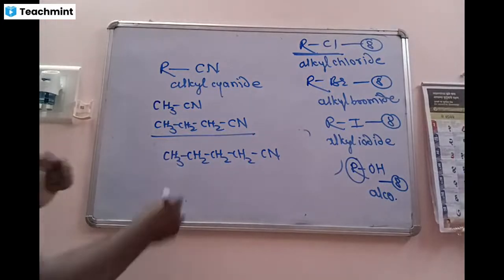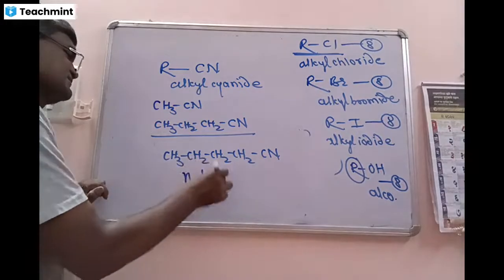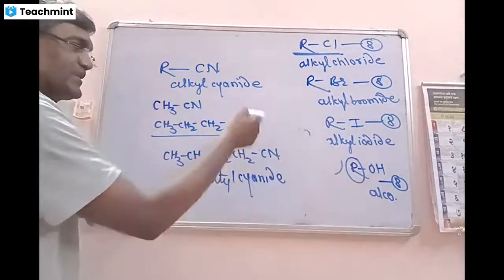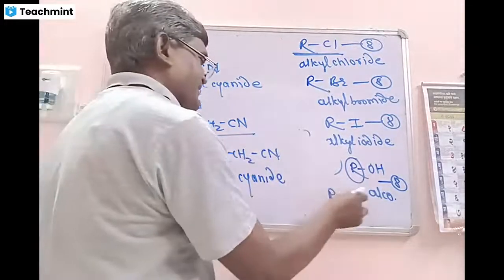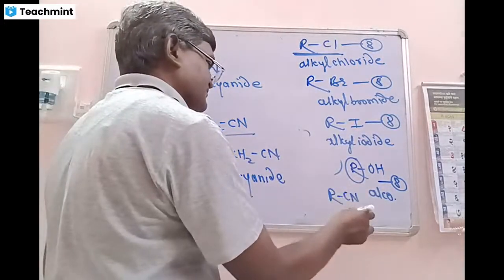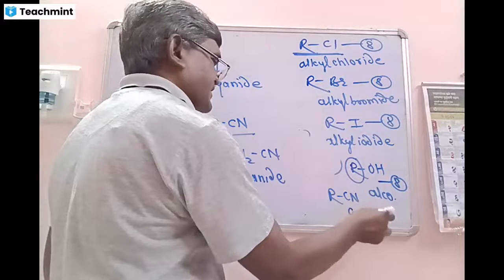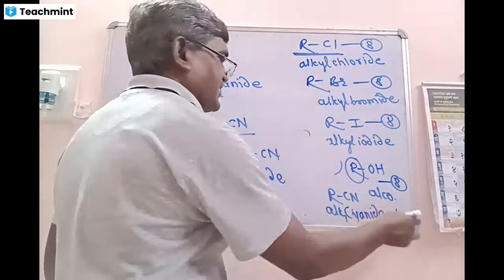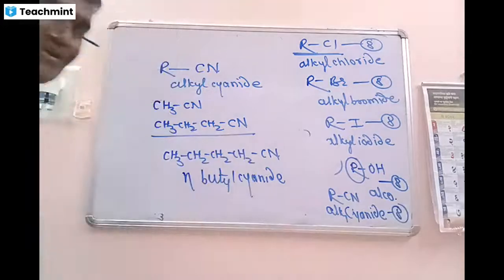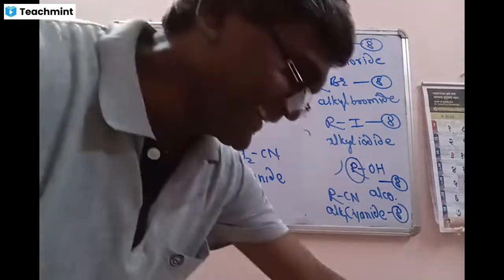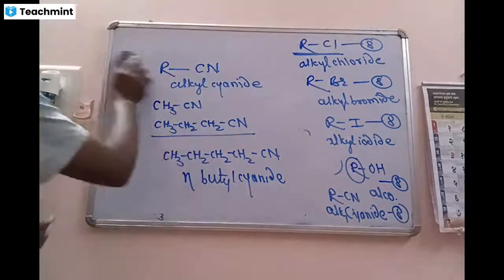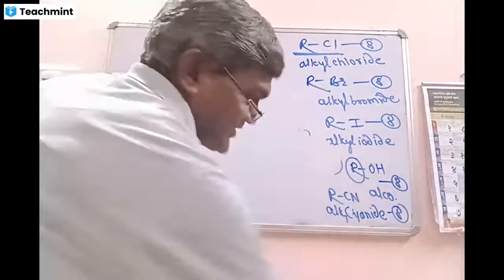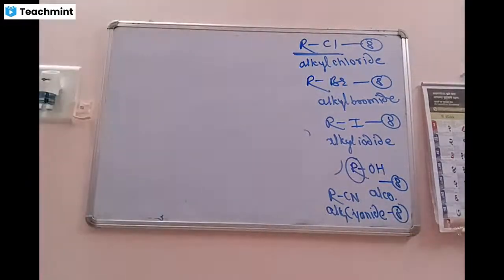Butyl cyanide. Yes. So you can go for the 8 RCN cyanides. कितना बनाया आपने? 8। कितने हो गए? 40. Okay. These are very simple compounds. Once you got the logic, then no one can stop you.